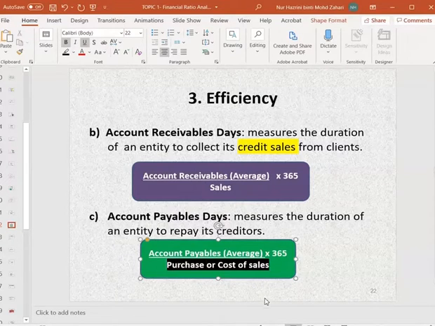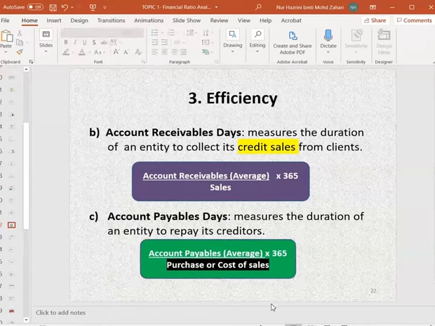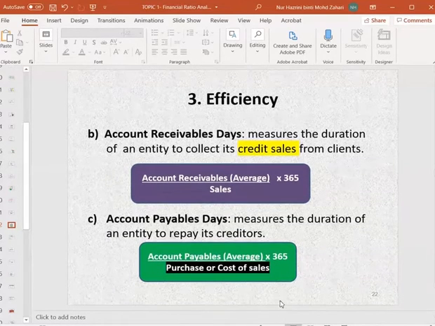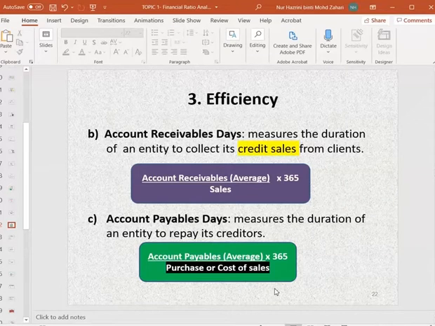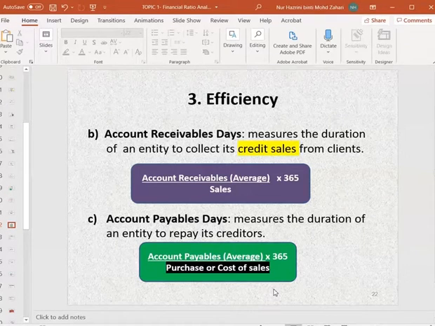It will never give you the same answer because our purchases and cost of sales, cost of goods sold are different. But like I said, we calculate the ratio using assumption only. It means nothing will ever be accurate, but you still need to take the amount from the financial statement, not the amount that you create yourself.